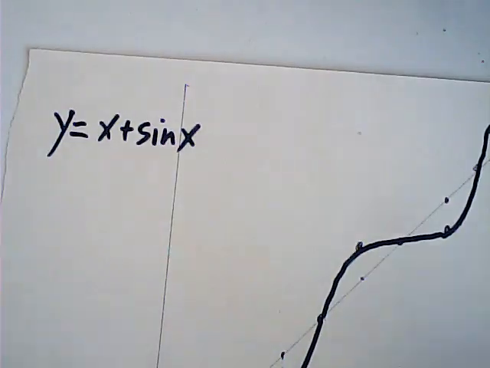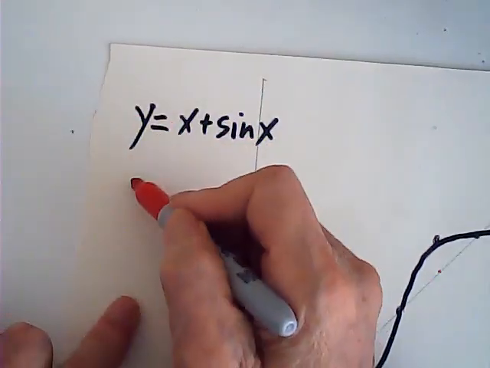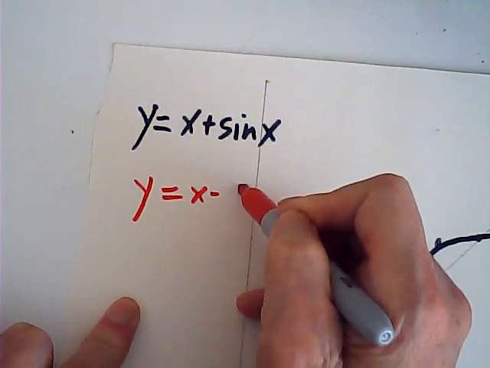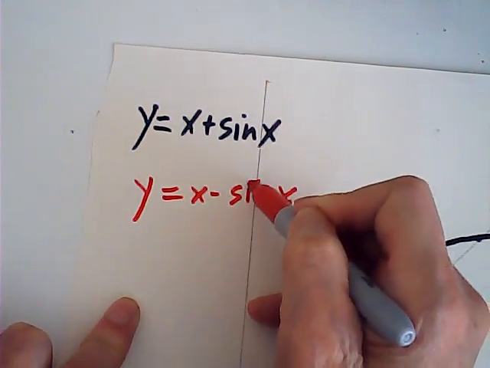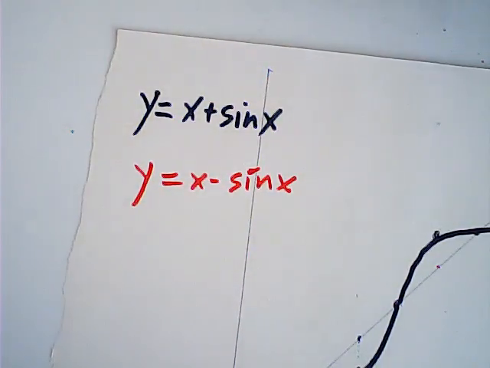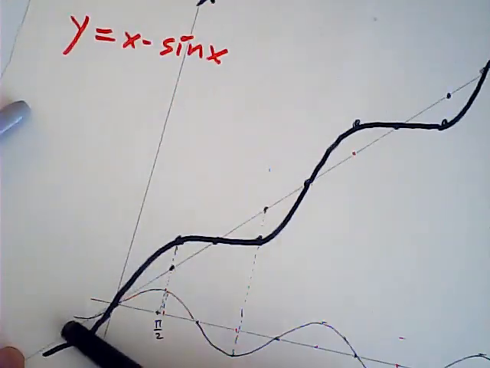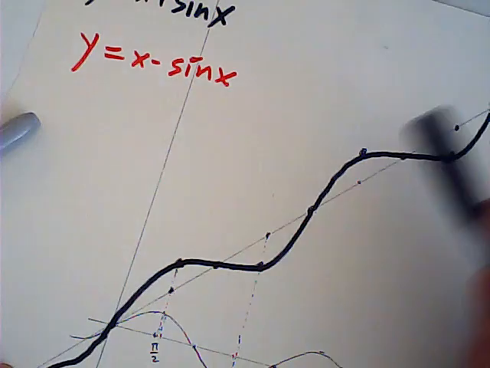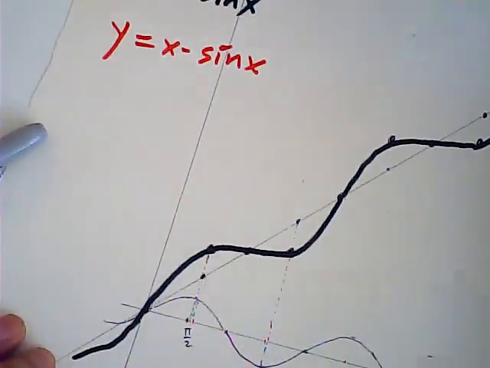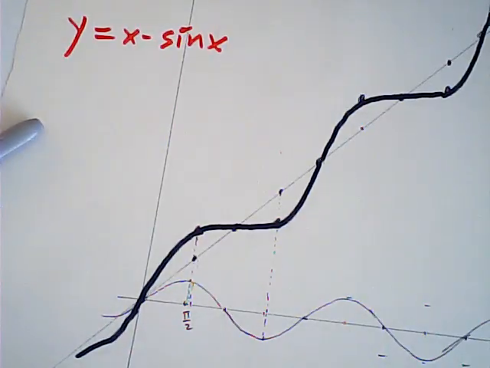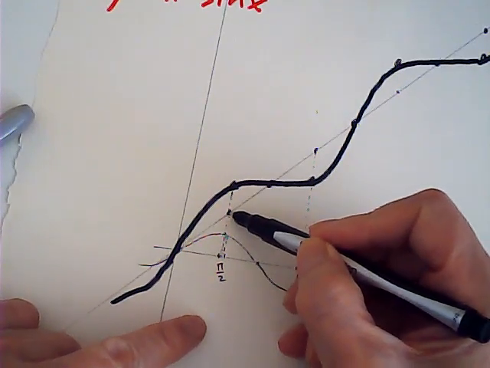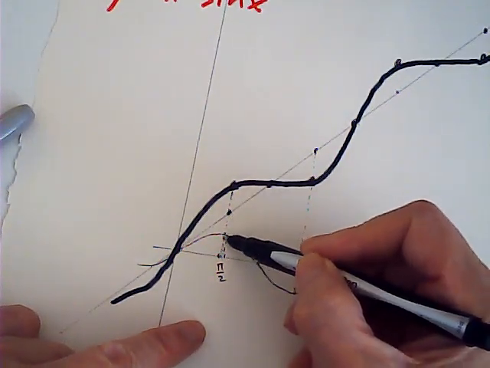Now, for the red one, y equals x minus sine x. We simply draw the x value, y equals x, right? This is x. Then minus sine x. So this is x minus sine x.